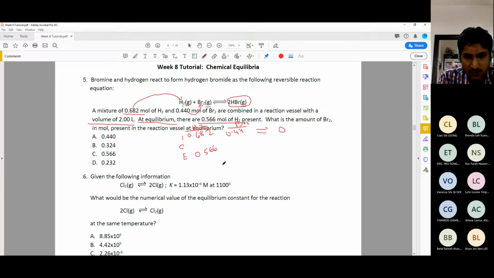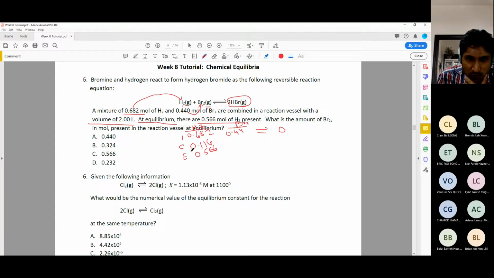So that is why we need to find the change, that means what was used for this purpose. So 0.682 minus 0.566 is 0.116. So 0.116 moles of hydrogen was used.